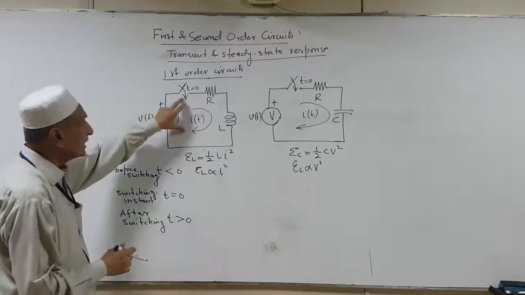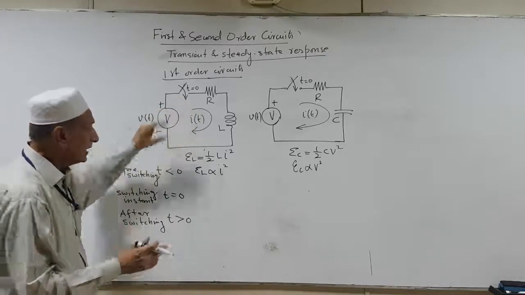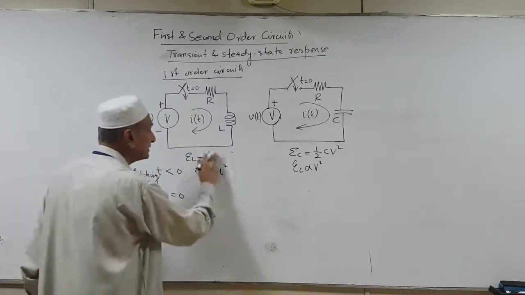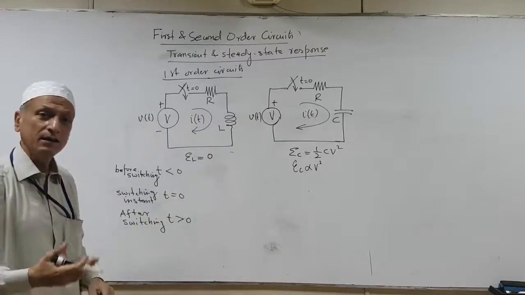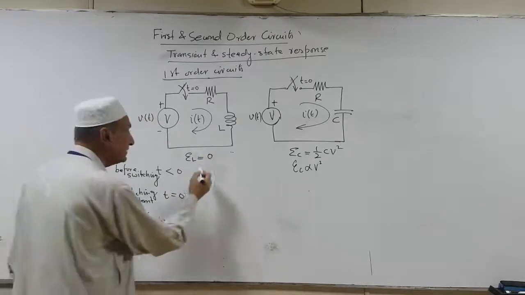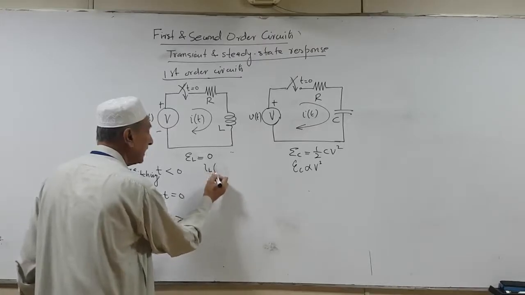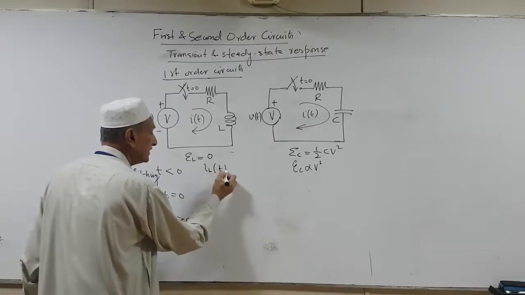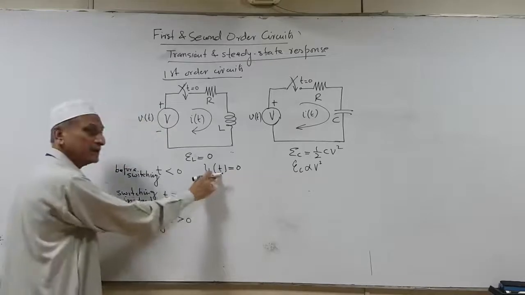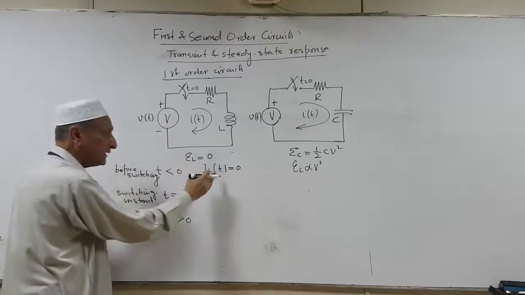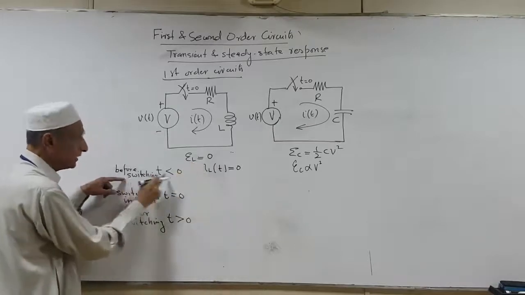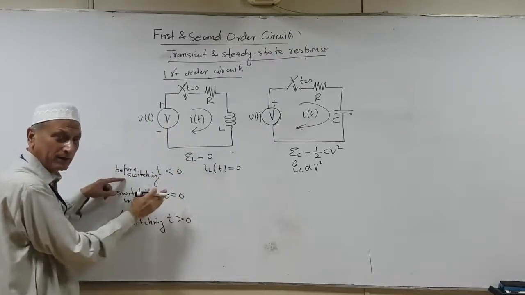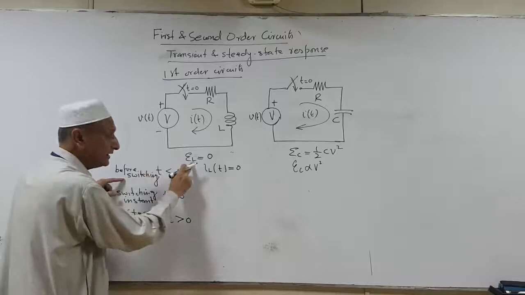Now when the switch is open and we consider that there is no energy in the inductor, the energy in the inductor is 0. This means the inductor current i_L is equal to 0. Initially, before switching, the switch is open and the inductor energy is 0.